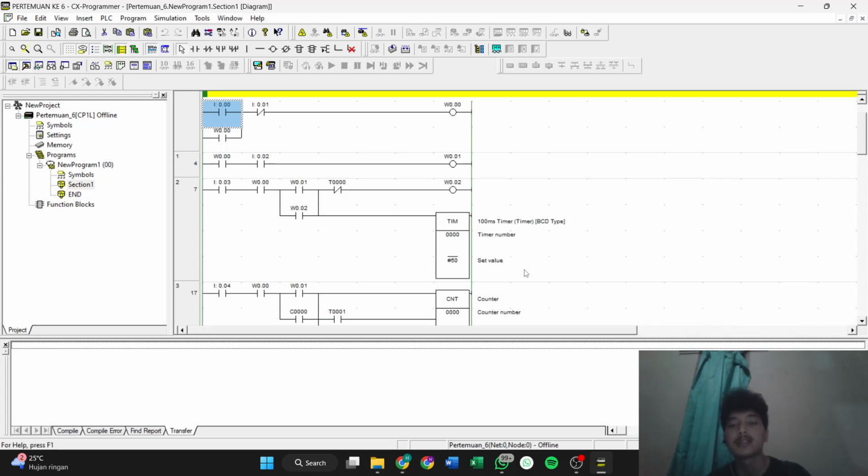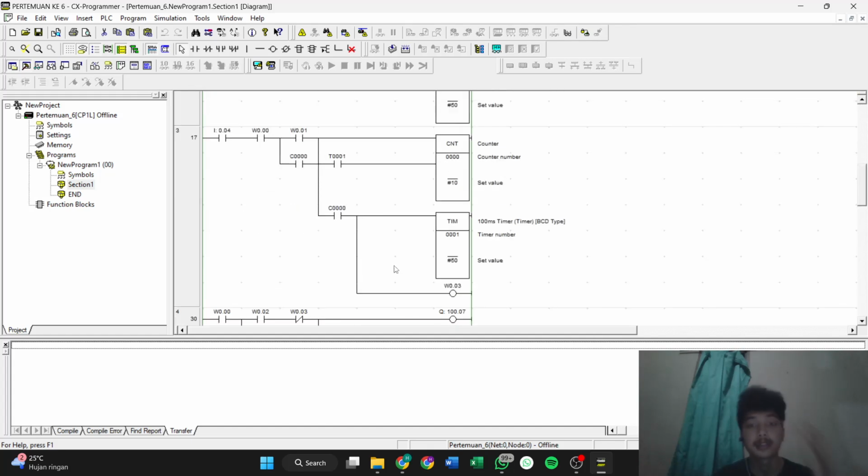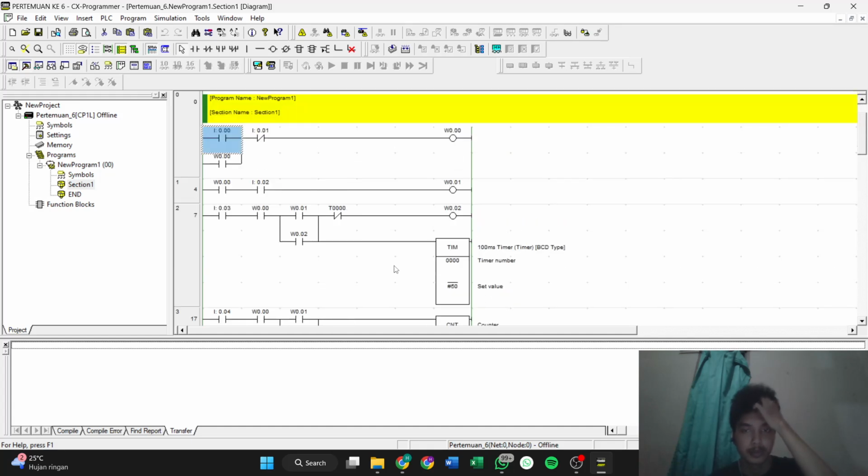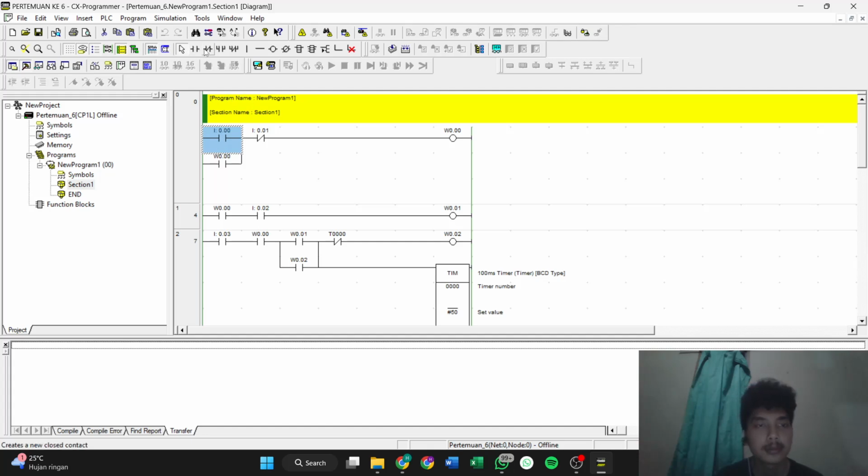This is a ladder diagram for the pneumatic system practicum. First, the I/O: input pin 0.00 and a closed contact in input 0.01.